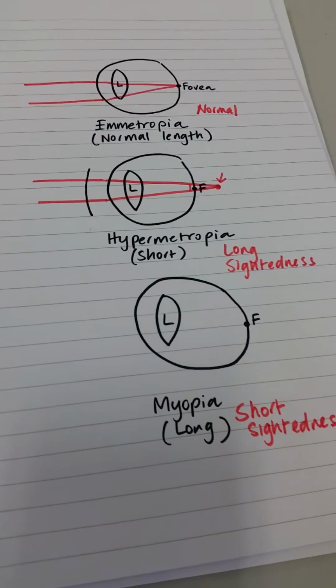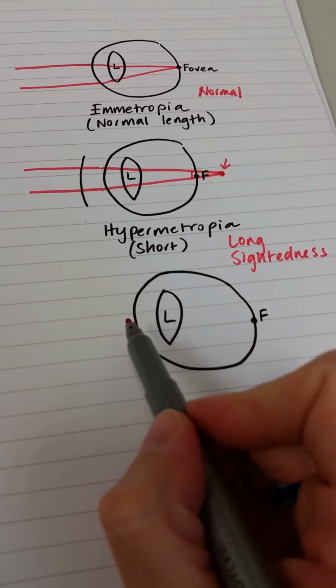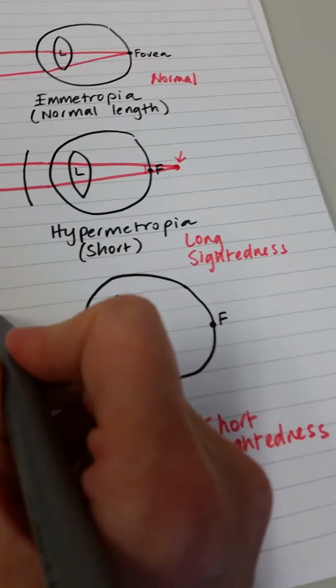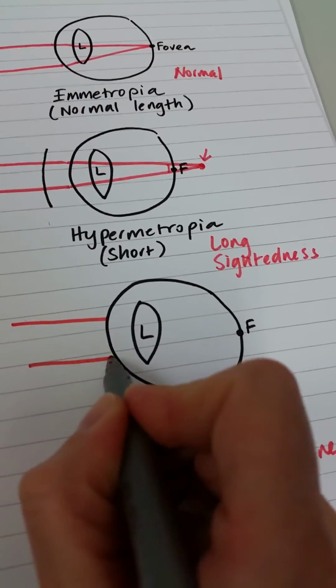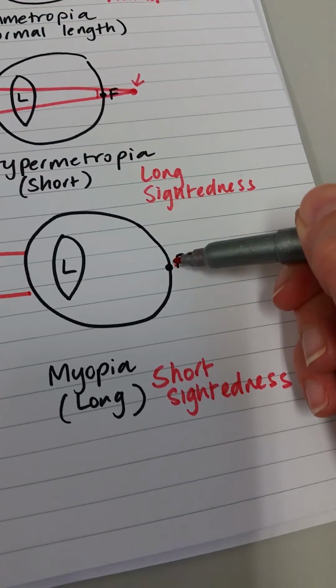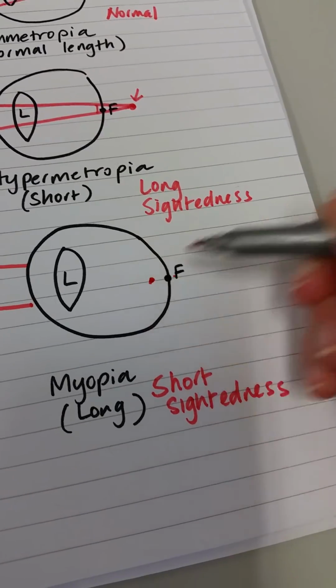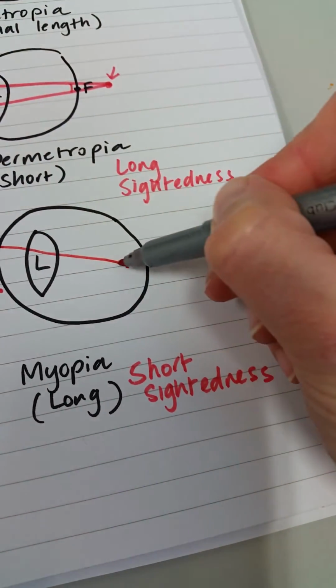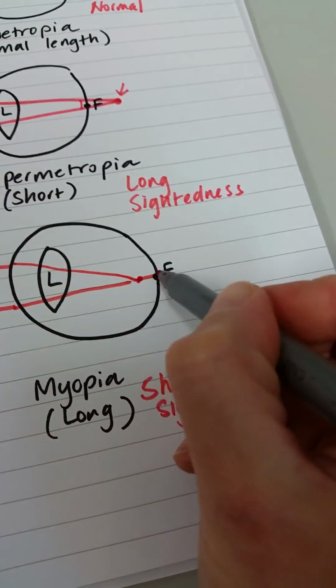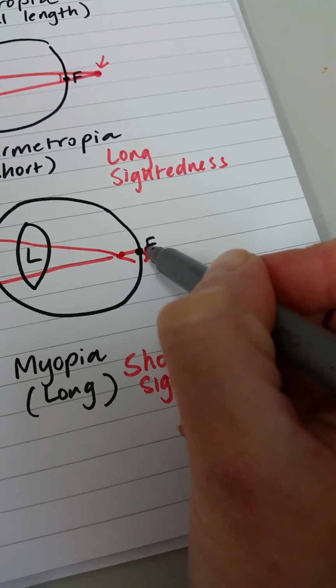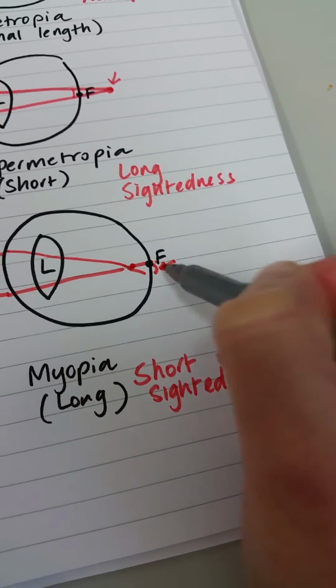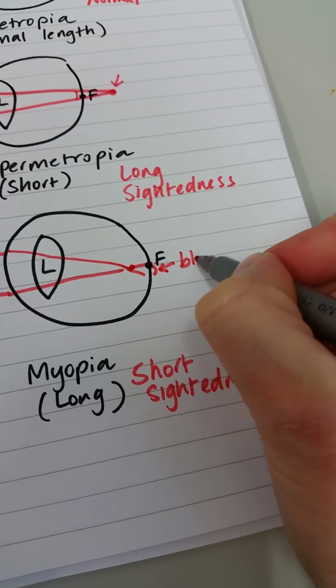Okay, so what happens in myopia now is that the eye is long from front to back, and so the light rays come in, and instead of landing here on the fovea, they actually land just a little bit in front. And so again, what you have is the image falling there and the image being blurry.